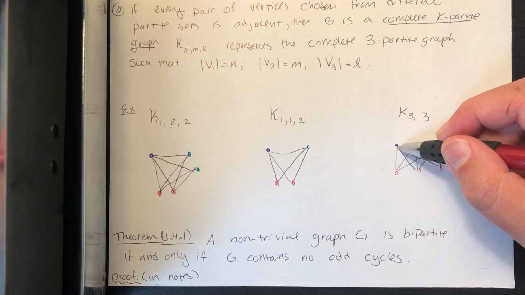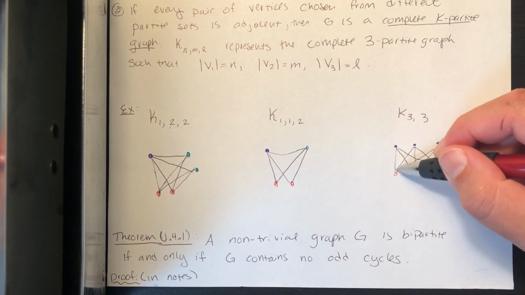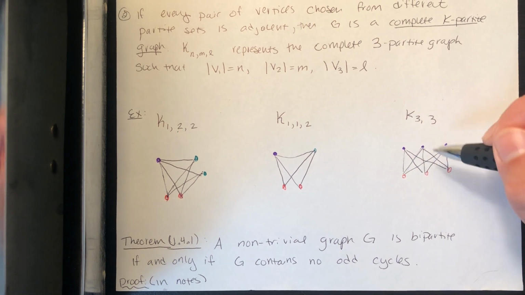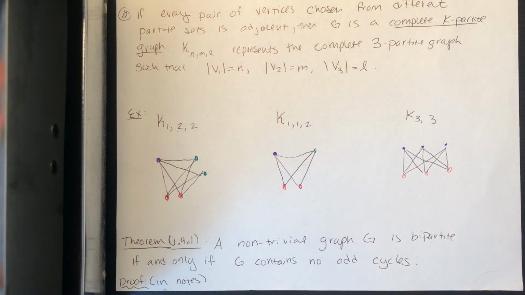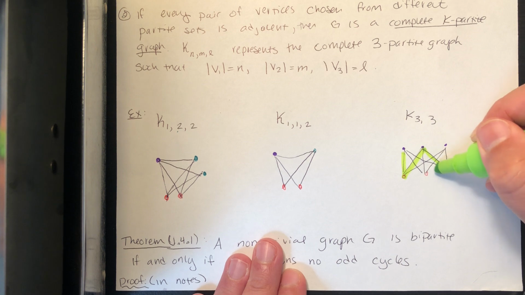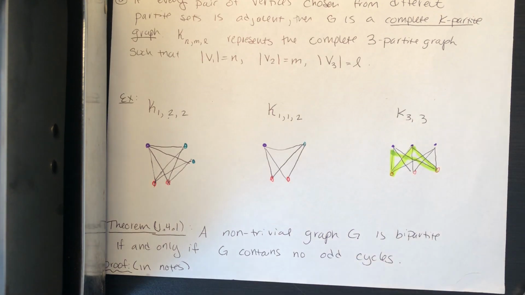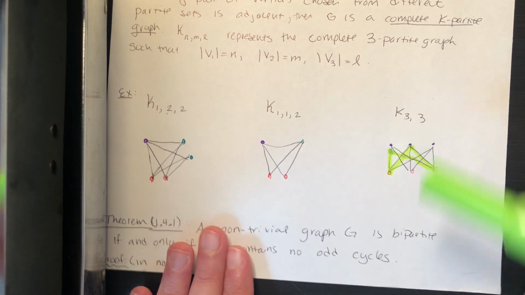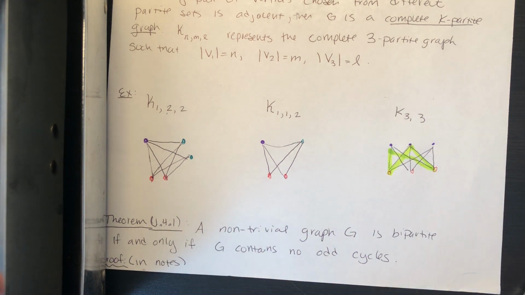If we wanted to find a cycle, that means it's a circuit that doesn't repeat any vertices. So for example, you could have this cycle here, something like this. That would be an odd cycle. Or wait, that would be a cycle, but it would be even length, right? 1, 2, 3, 4. So we're always bouncing around purple to red to purple to red, and you can maybe see why it's going to end up being only even cycles, but it's a good thing to try to think through if you have time before class.